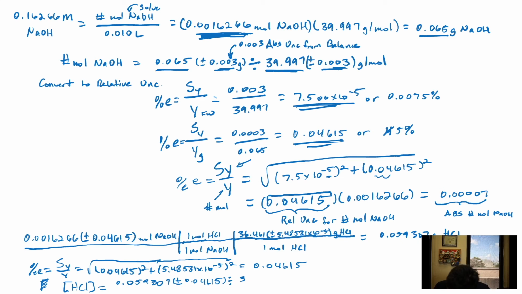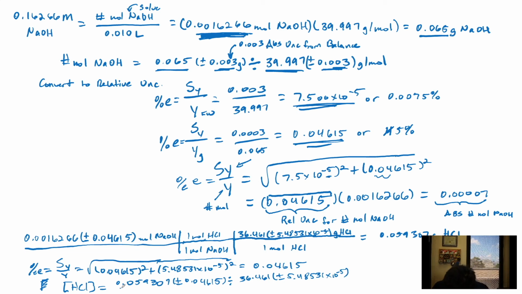The molecular weight of hydrochloric acid is 36.461, plus or minus its relative uncertainty that we had before, 5.48531 times 10 to the negative 5.